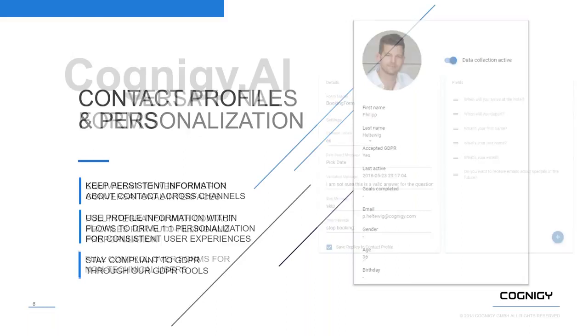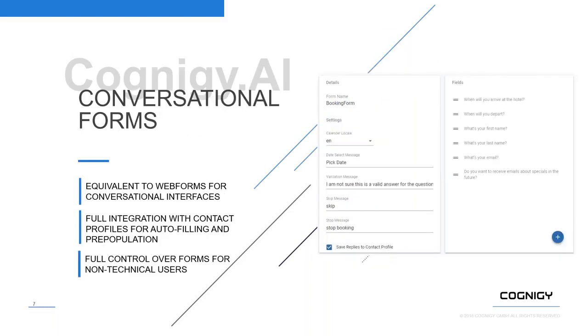The second new thing we are introducing is conversational forms. This is a very novel concept, and we filed a patent for that as well. And what we're doing here is we're taking the concept of web forms to the conversational space. So a web form, you all use them probably daily, is requesting certain pieces of information from a user.